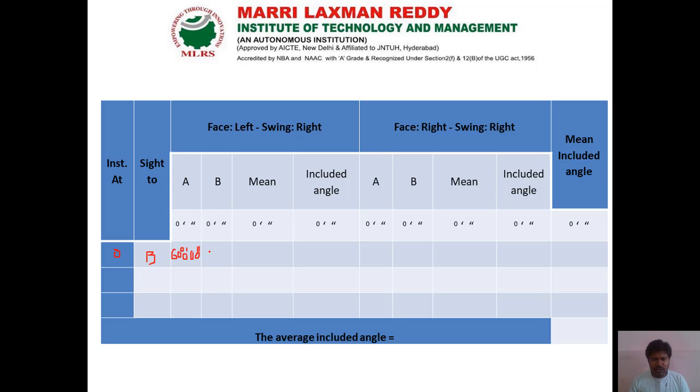So the minutes are 0 and the seconds are 00. Most probably the values of A and B don't change. Whatever values we get in vernier A, we get the same in vernier B. So the mean angle becomes 60 degree.